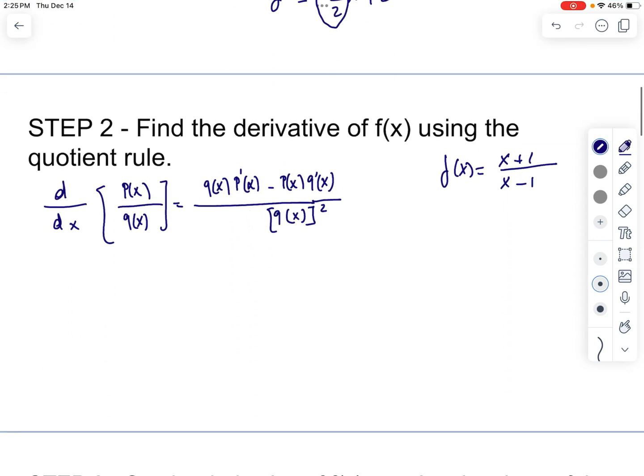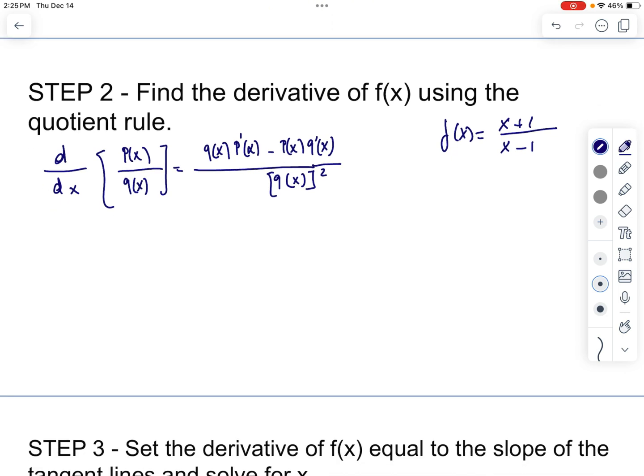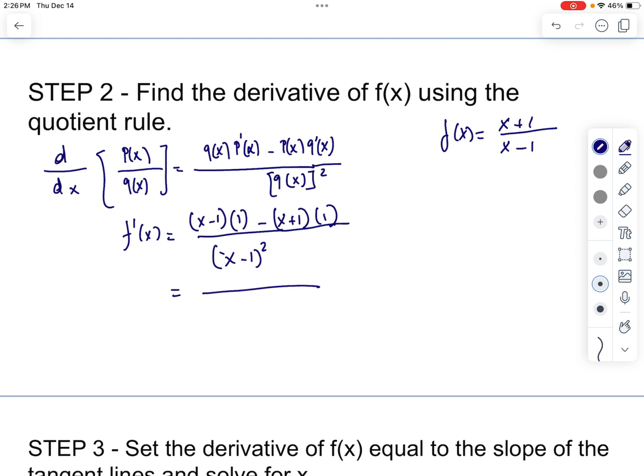So I'm going to find the derivative now of our function f(x) by using the quotient rule. f'(x) is simply going to be (x - 1) squared in the denominator, and I will have (x - 1) times the derivative of x + 1, which is 1, minus (x + 1) times the derivative of x - 1, which is also just 1.